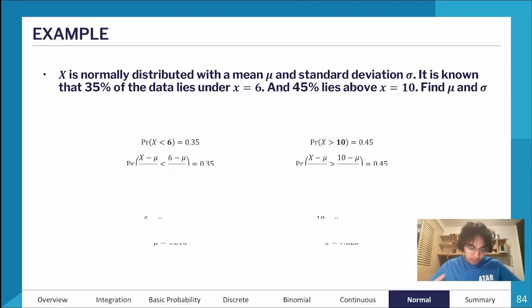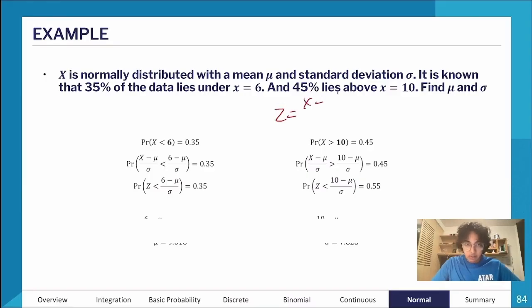So the probability that x is less than 6 is equal to 0.35, which is given in the question. Probability of x is greater than 10 is equal to 0.45, which is also given in the question. So I can use my z is equal to x minus mu over sigma from earlier to standardize it to the standard normal distribution, right?